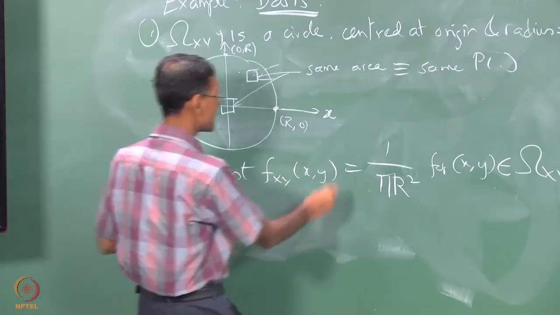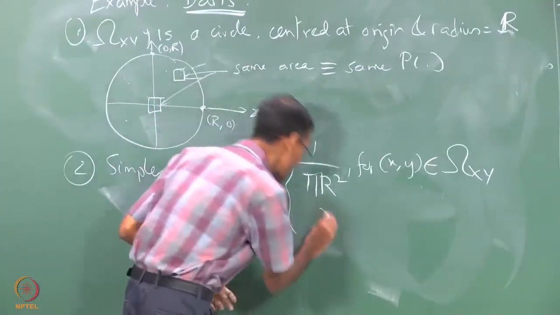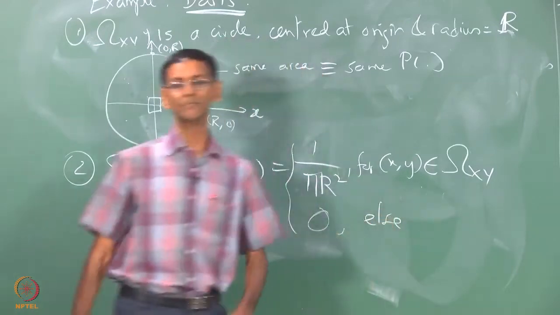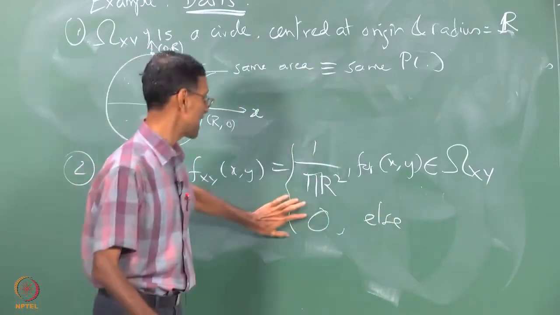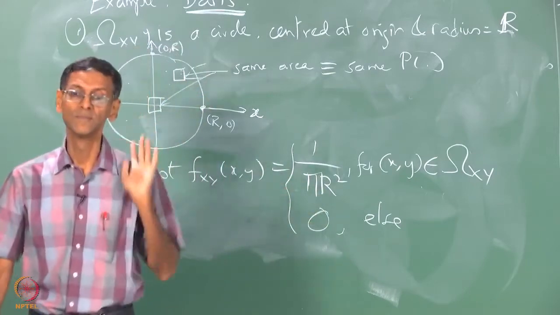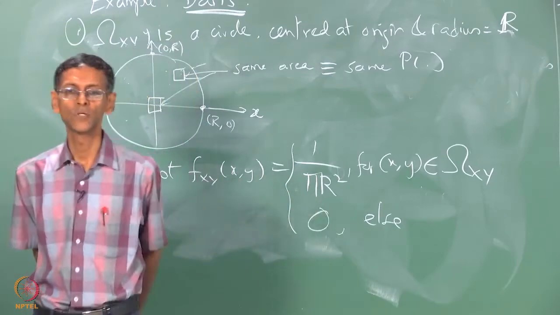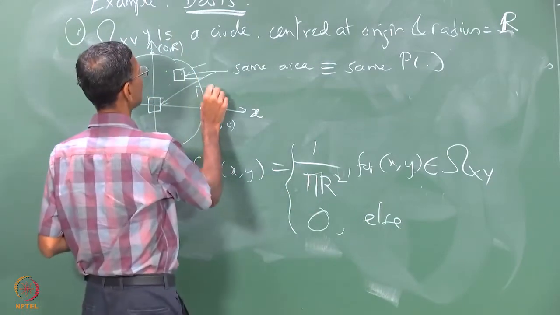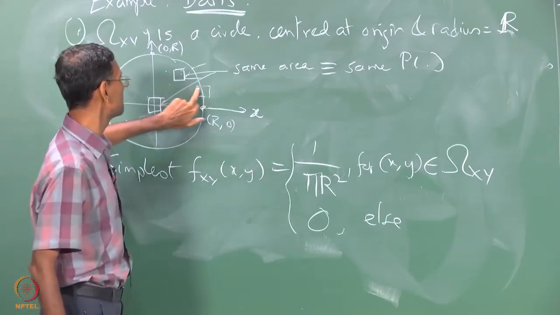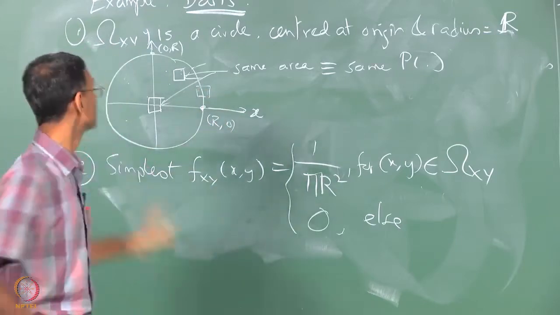Fxy is 0 outside, by domain extension you have to put this. This is the last time I am going to write it, but let me write it at least once, so that you know that this is part of the definition. So you can put some square out there and say, well, only this part will count and the rest of fxy will be 0, so it will not give you any probability. Fine. Okay.